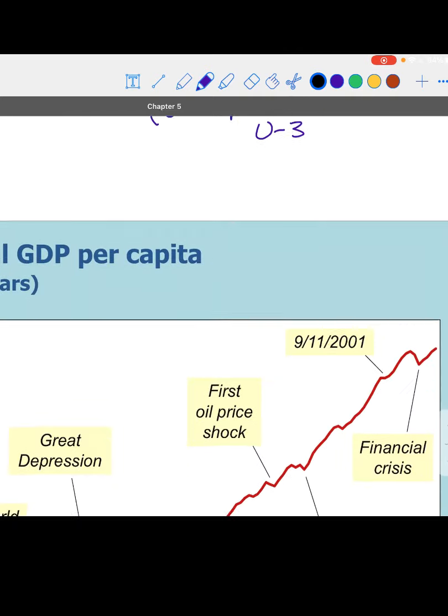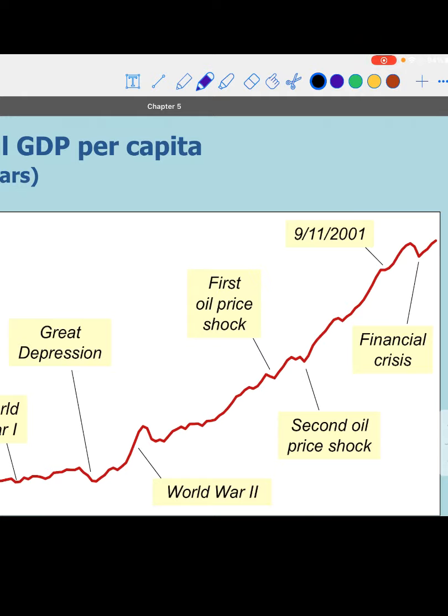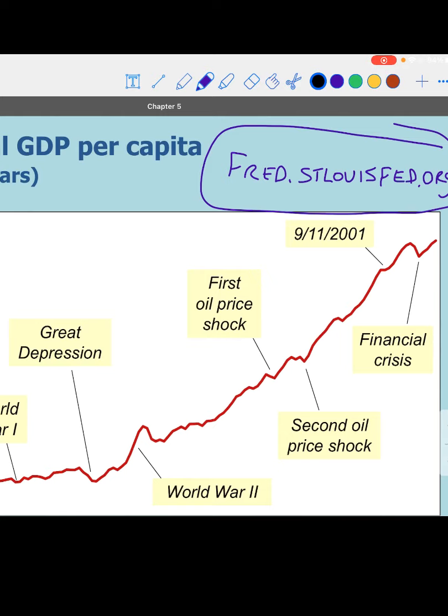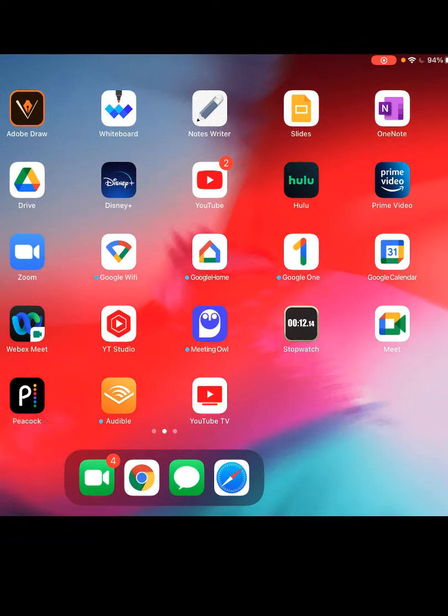So, we've got this data here, but this data from the publisher, it's kind of old. This is the website to go to for really cool data. Let's just try to go to it now.